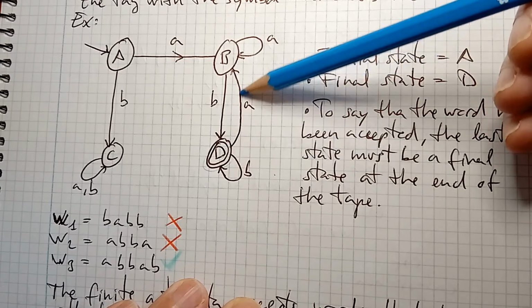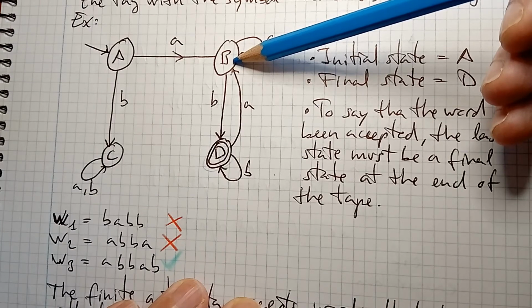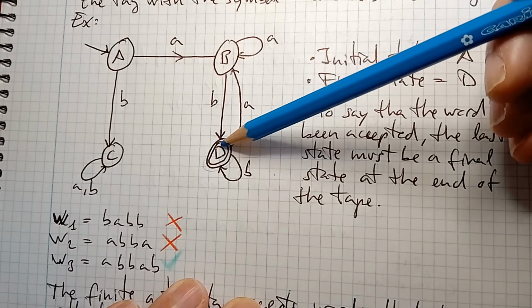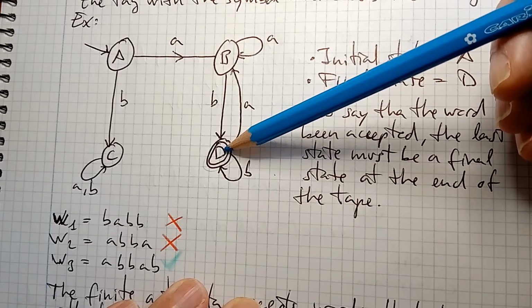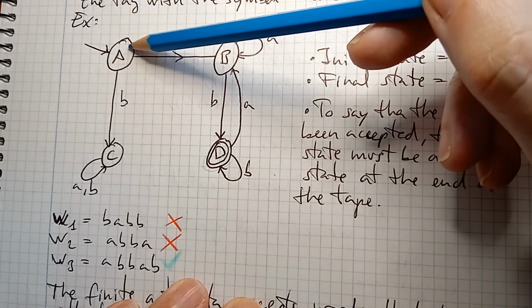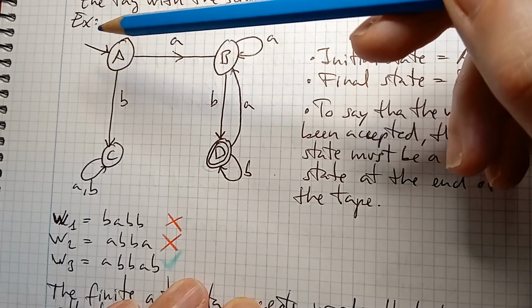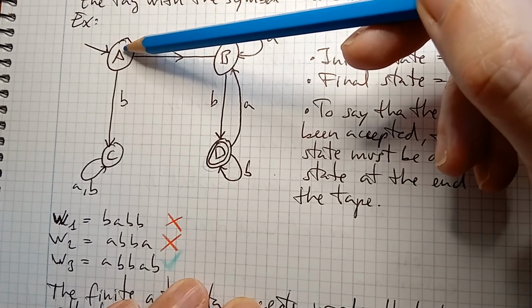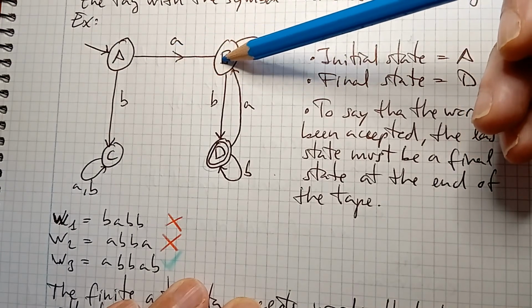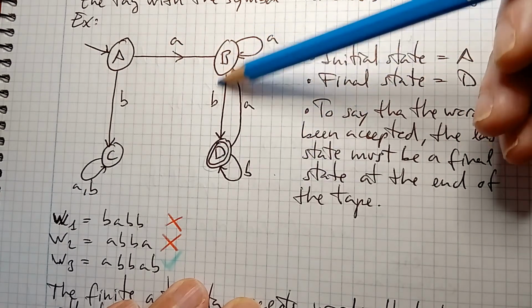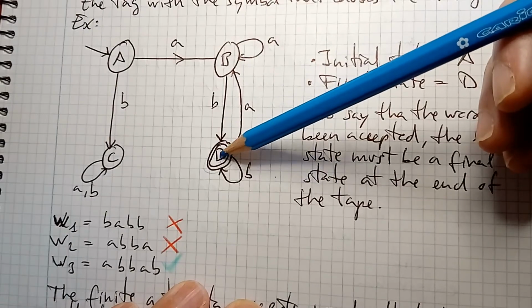It has an A, so it returns to a non-acceptor state. So to be in the final state, it must be a B. So what this automata does is accept all the words that begin with A, and it doesn't matter if it's A or B in the middle, it must end with B.